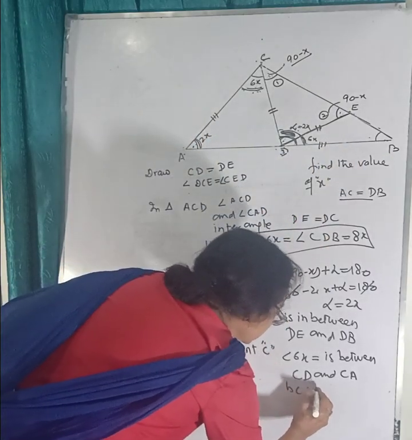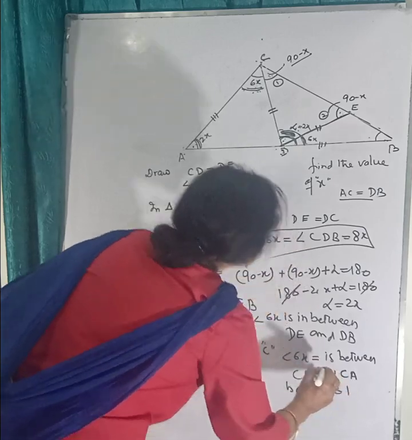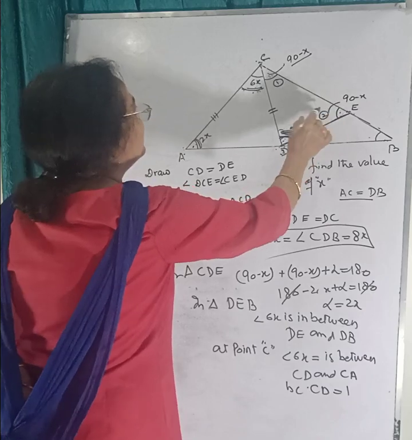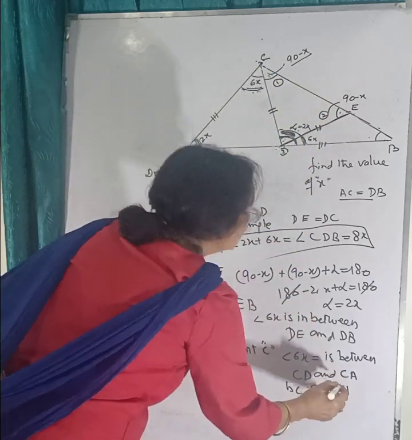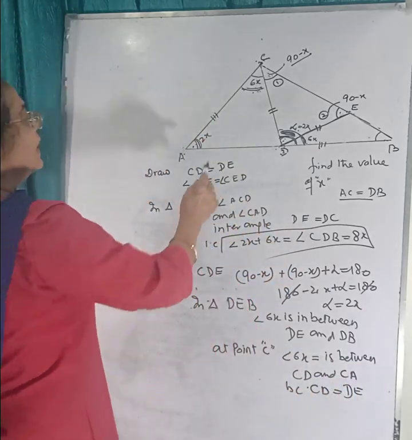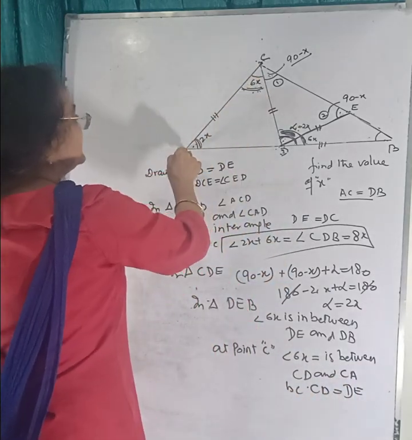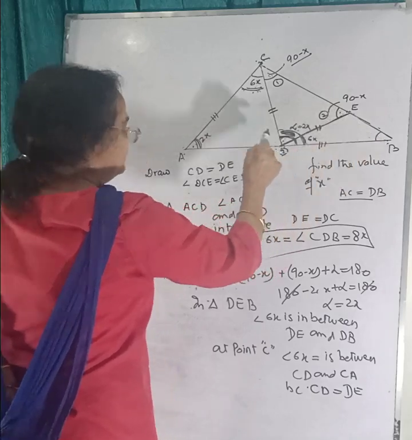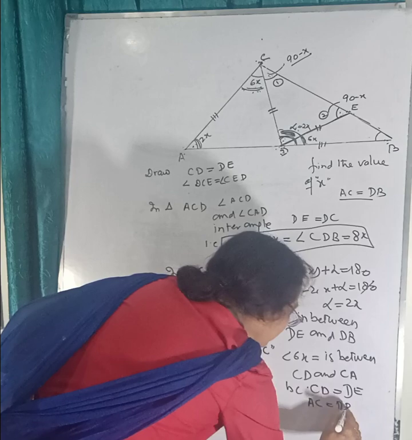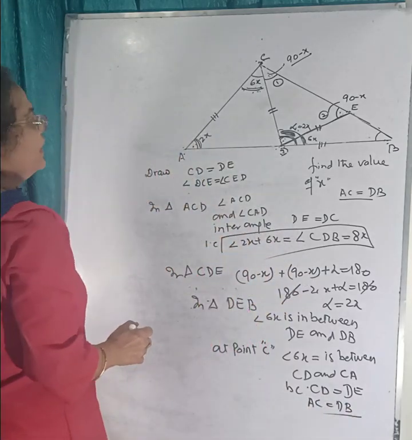CD is equal to DE. हमने draw किया. We have drawn this. And AC is already given to us equal to DB. It means ये एक isosceles triangle हो गया.